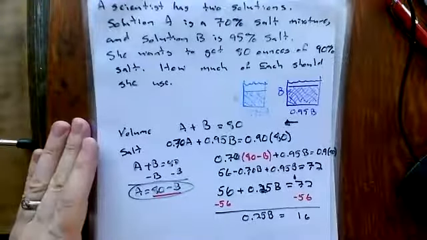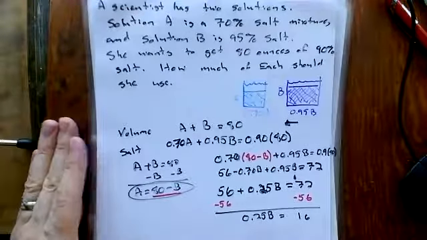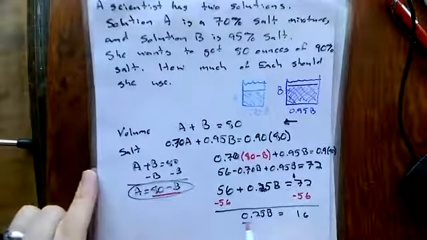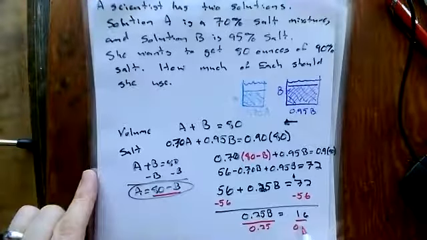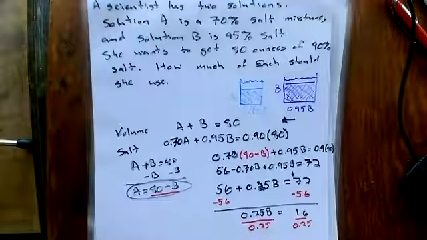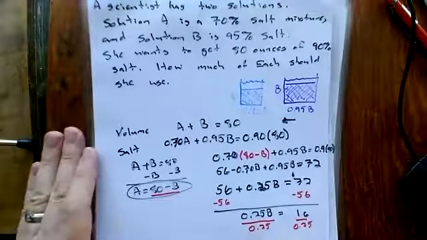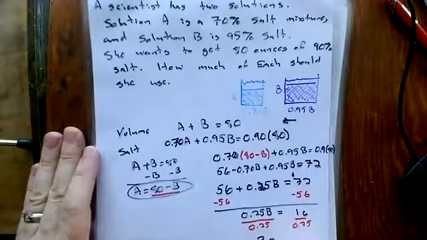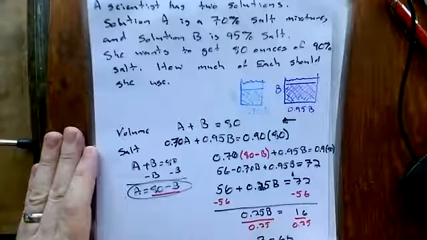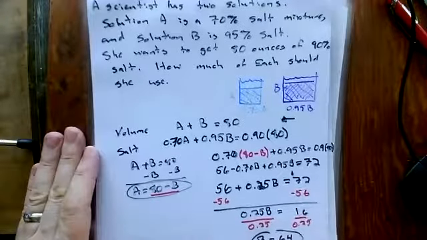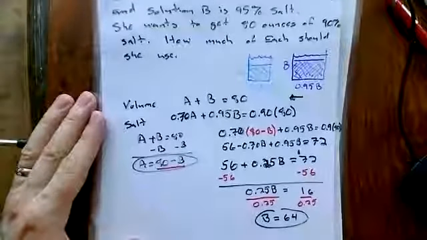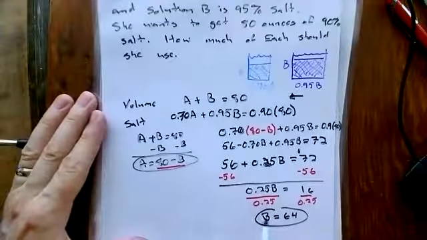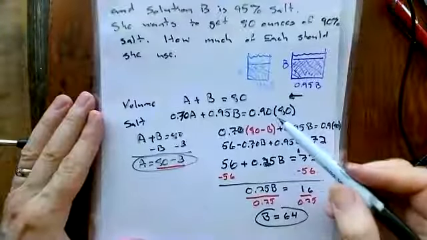And from here, I can divide both sides by this 0.25. And I've got b is equal to 64. And now I can back substitute into one of our original equations.